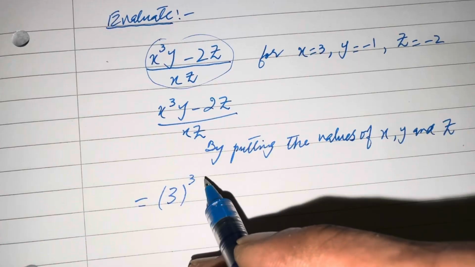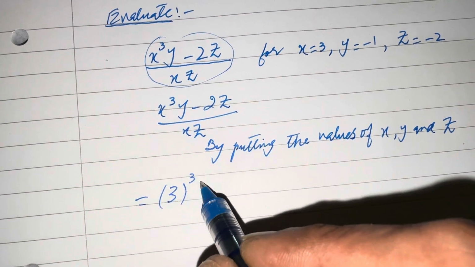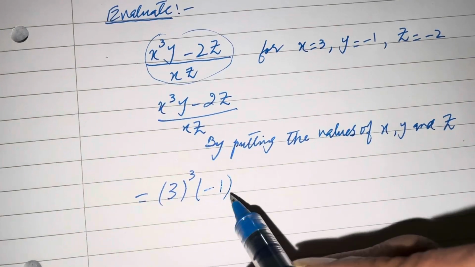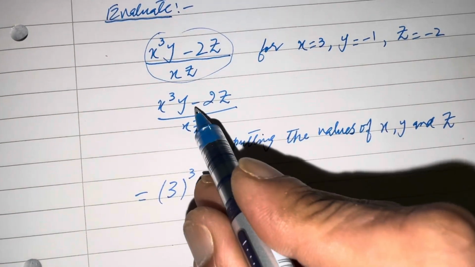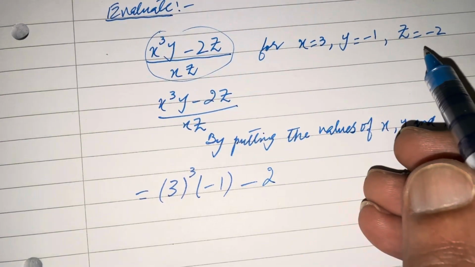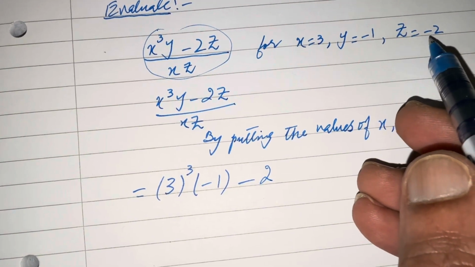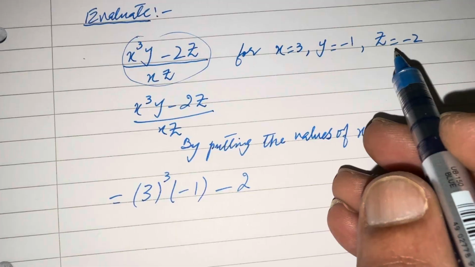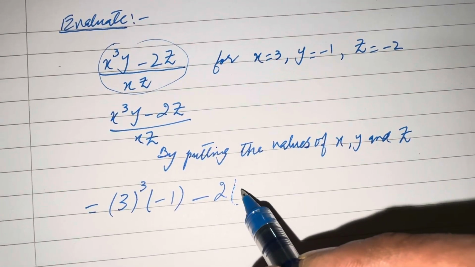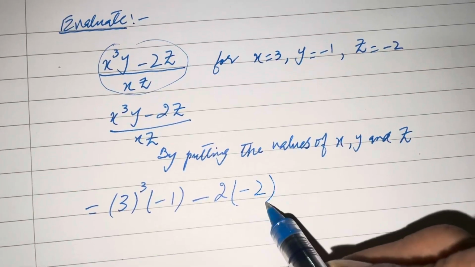So y की जगह पे आप -1 रख देंगे. Then -2 into z. Z is equal to -2. So z की जगह पे -2 आ गया.